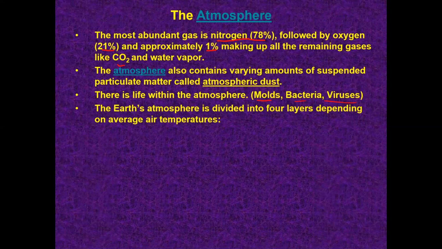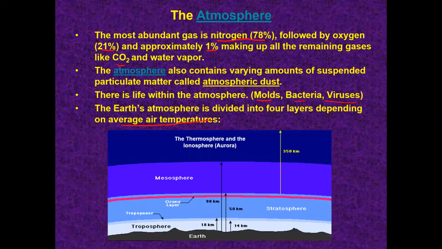Earth's atmosphere is divided into 4 layers depending on the average air temperatures. So these I don't really want you to memorize too much, but I do want you to appreciate them. We're going to look at where the weather occurs, the troposphere, that's where we live.